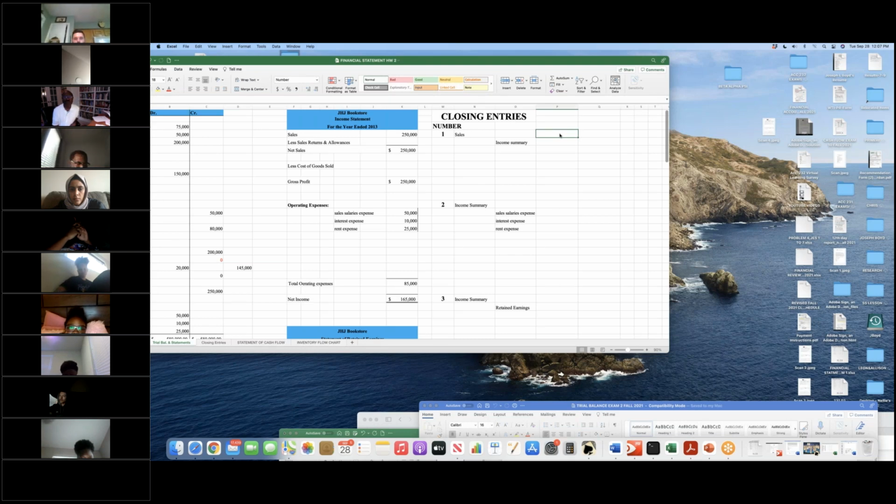We're going to debit 250 sales and credit 250 income summary. So the first closing entry, we always close out the revenue. Debit sales, credit income summary.